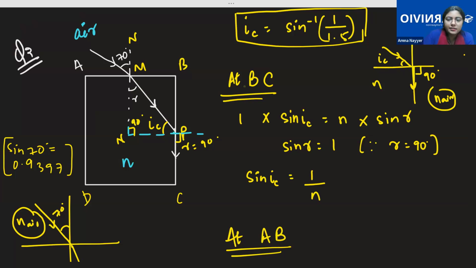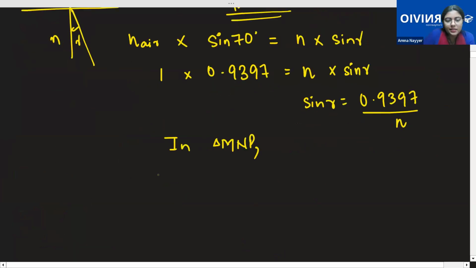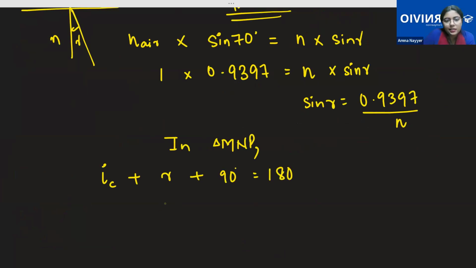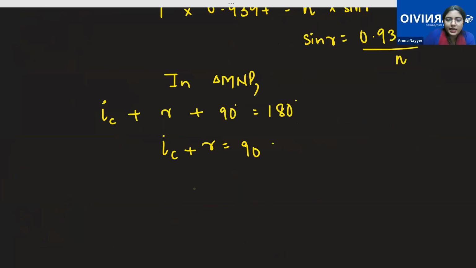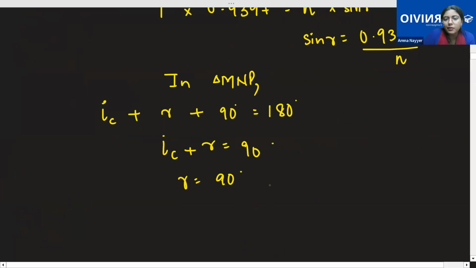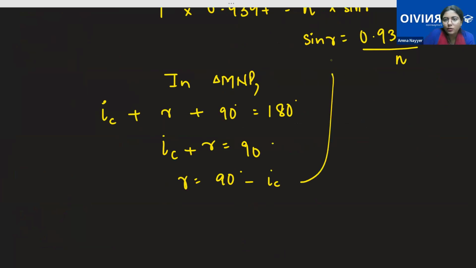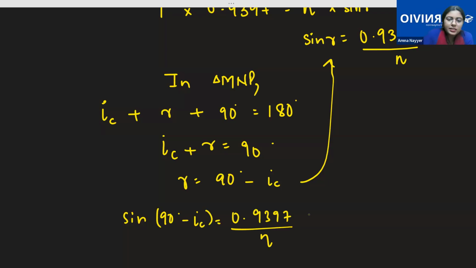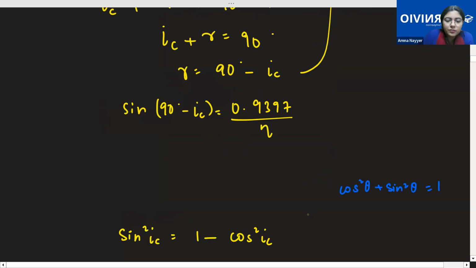I can say IC plus R plus 90 degrees is equal to 180 degrees. So IC plus R is equal to 90 degrees. So I can say R is equal to 90 degrees minus IC. Now let me put the value here. I can say sine of R, that is sine of (90 minus IC), is equal to 0.9397 divided by N. Sine (90 minus theta).